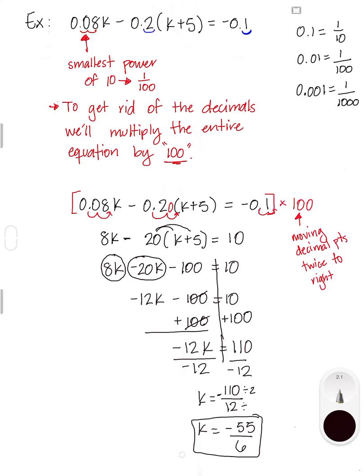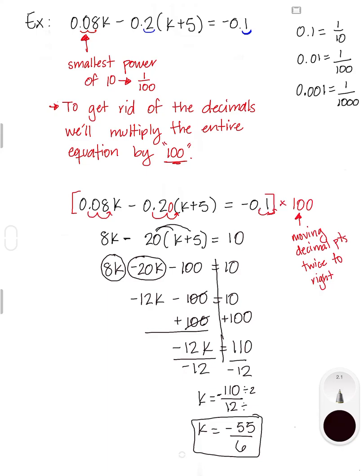So again, you need to figure out the smallest power of 10 by finding the number that has more digits after the decimal point. And then in order to get rid of the decimals, you multiply by that power of 10. In this case, that was 1 over 100, because we had two numbers after the decimal point, so we had to multiply times 100, which has 2 zeros.